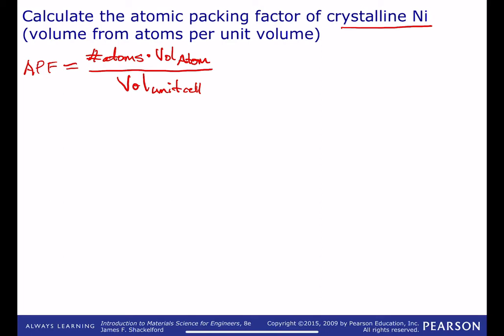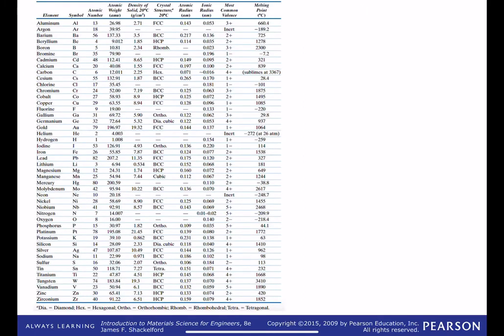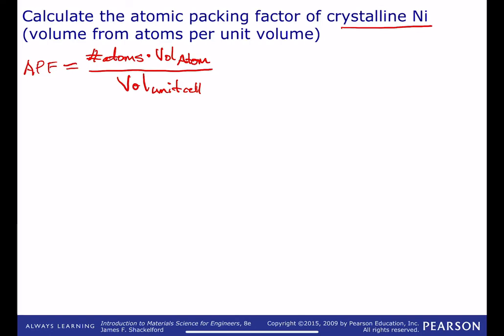Okay, so perhaps you flipped back to the earlier video, or you maybe saw that in this slideshow. We've got the earlier resource that describes many elements in the periodic table and their crystal structure. And so we'll see here that nickel, shown about midway down the chart, is shown to pack with a face-centered cubic crystal structure, and so that can be useful for us.